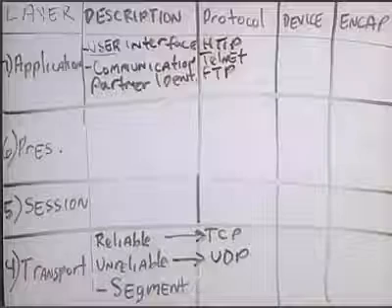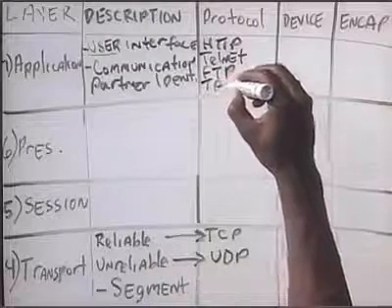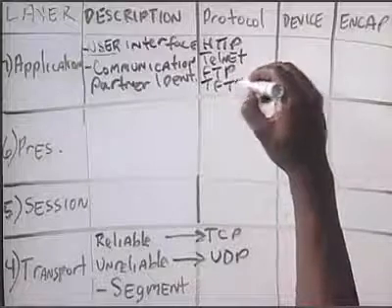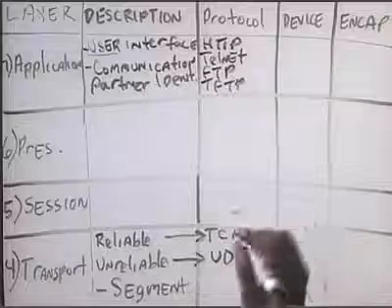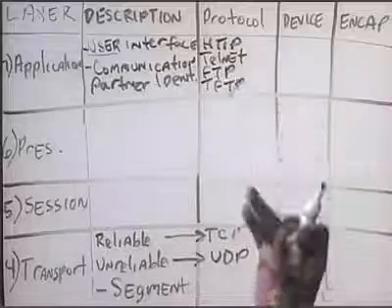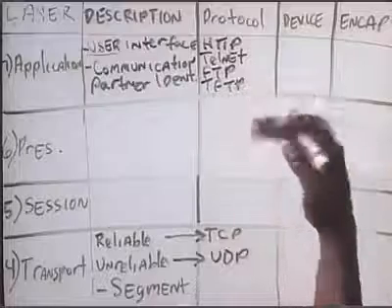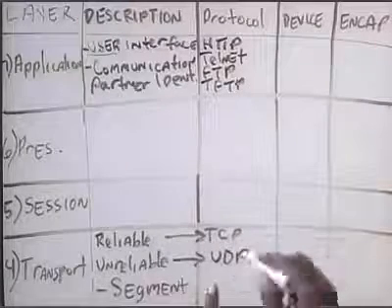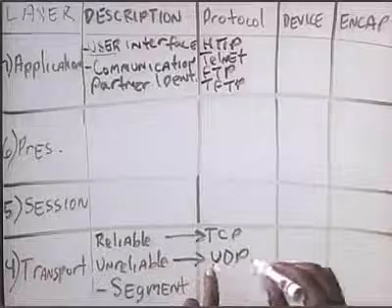Oftentimes across the internet, you can use FTP, and then there's what we call TFTP, Trivial File Transfer Protocol. This is a scaled-down version of FTP used for smaller file transfers. This particular one uses unreliable communication with UDP.